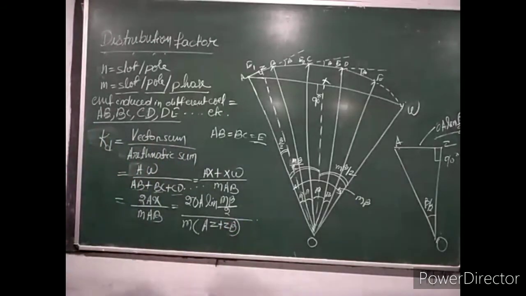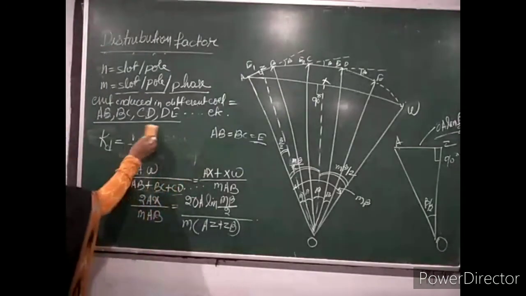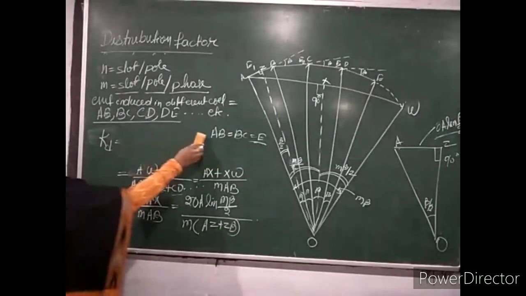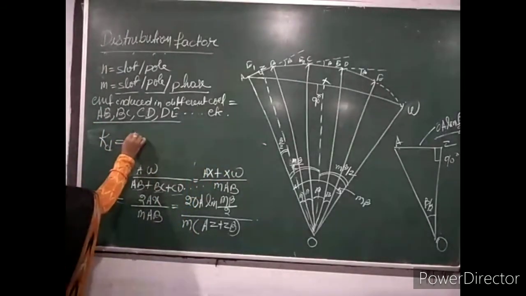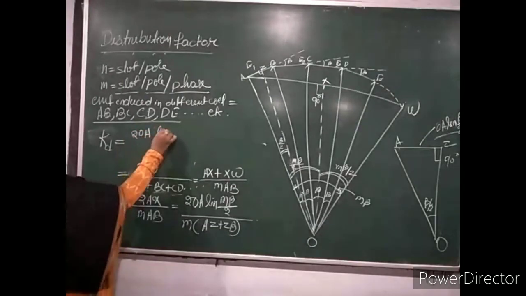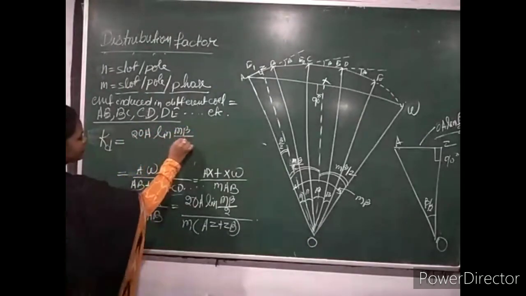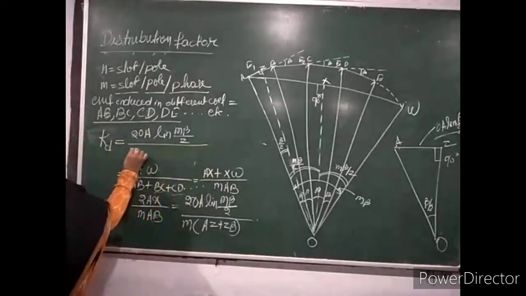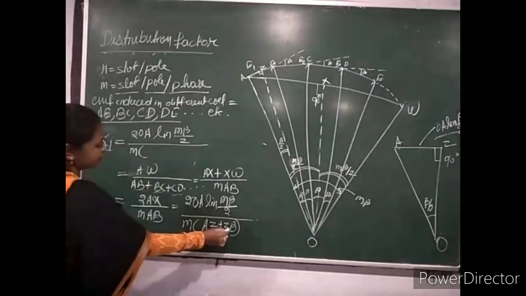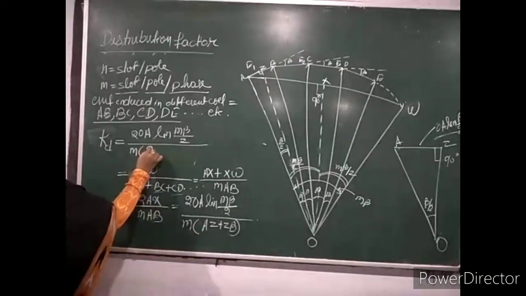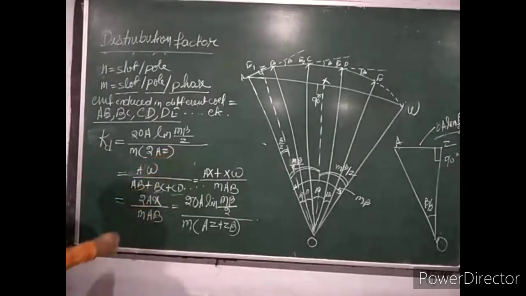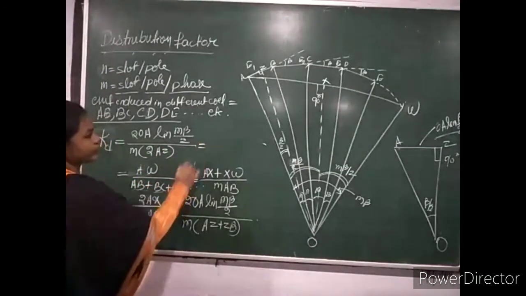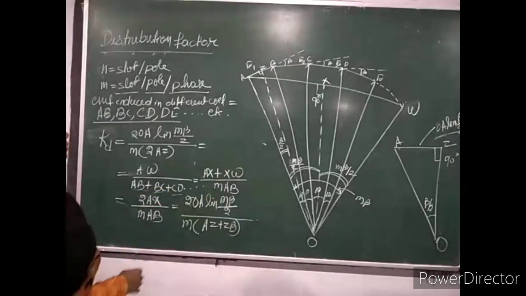So it is OA sin m beta by 2 divided by m, ZB is equal to AZ, so in place of ZB, if I put AZ, it is 2AZ. And what value of AZ do we calculate? It is OA sin beta by 2.